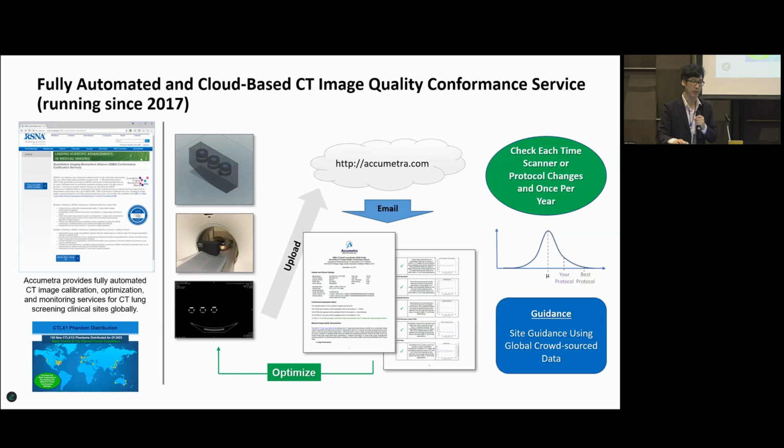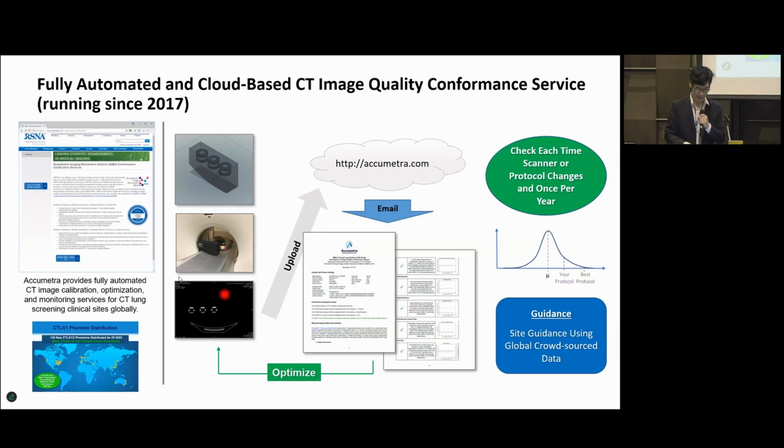in the nodule measurement. And what Rick and his team have done is developed an automated and cloud-based method for measuring CT image quality. This is his phantom, which has a couple foam cylinders of different density. This is what it actually looks like inside a CT scanner, and this is what it shows up as on the CT scan.